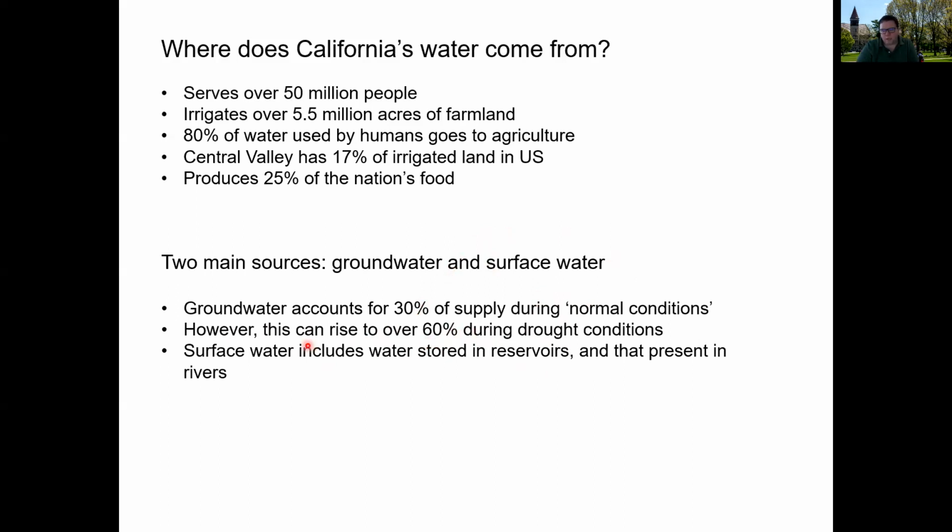And one of the things in the modern world, in light of engineering and infrastructure development, is that surface water now has to include reservoirs and the waters in present rivers, because you're basically trying to harvest that surface water coming down through rivers and collect it into reservoirs and store it, we hope, for longer periods of time.